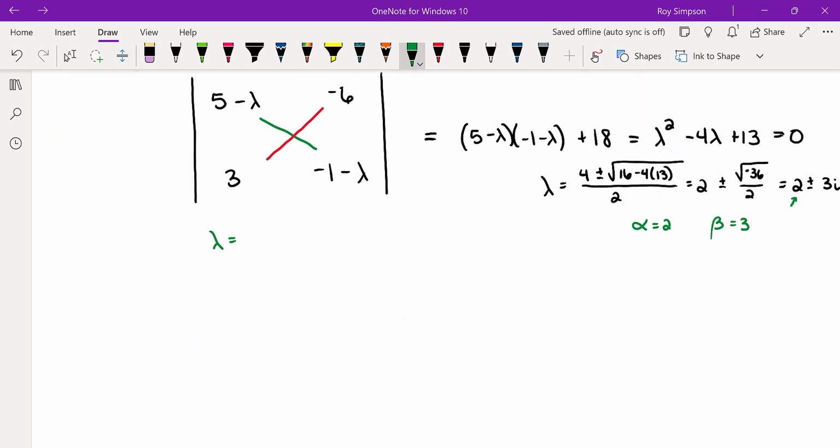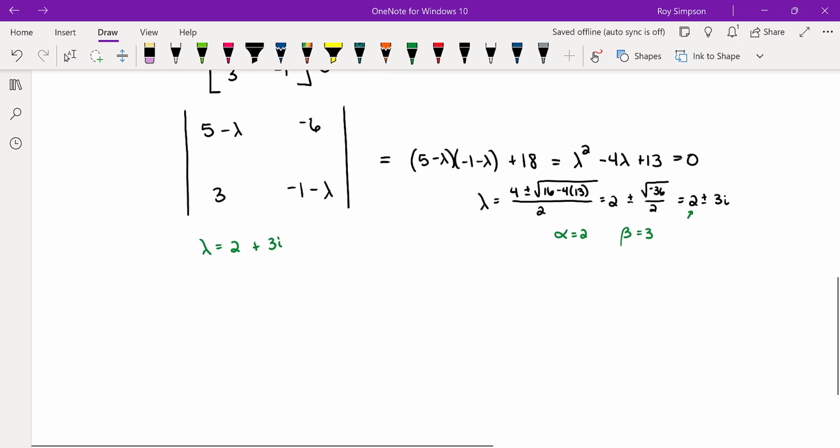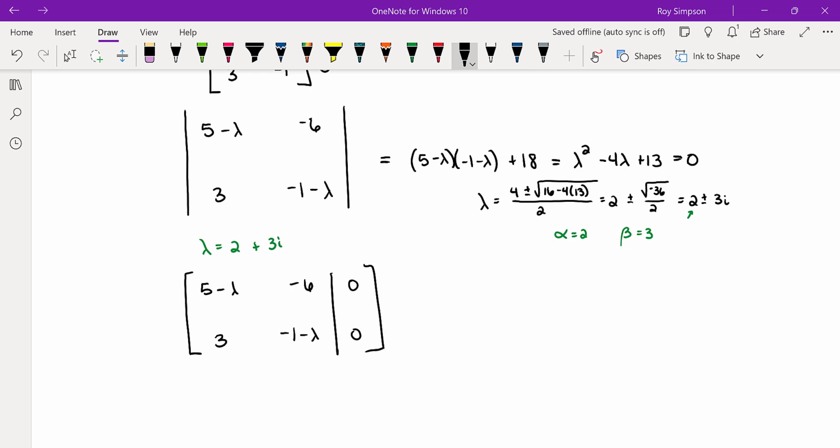If lambda is equal to 2 plus 3i, then to find the corresponding eigenvector, I'm going to have to plug that into that matrix up here. I do have to solve the corresponding system, right? So we're going to take 5 minus that lambda, along with the -6 augmenting with 0, and then 3, and then -1 minus lambda augmenting with 0.